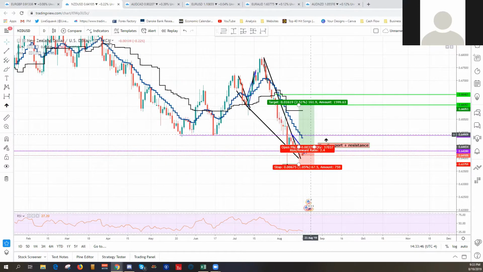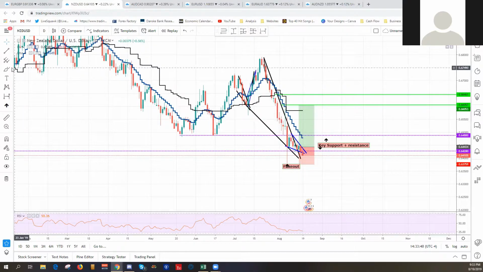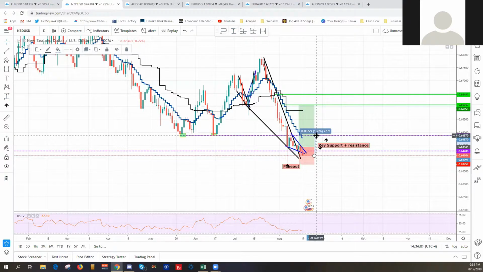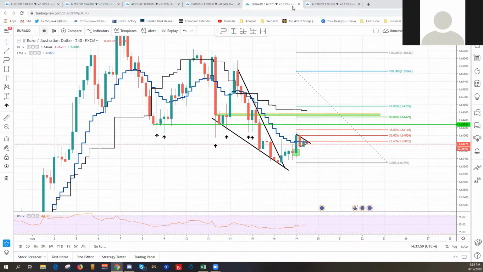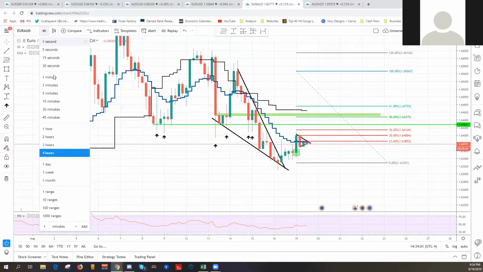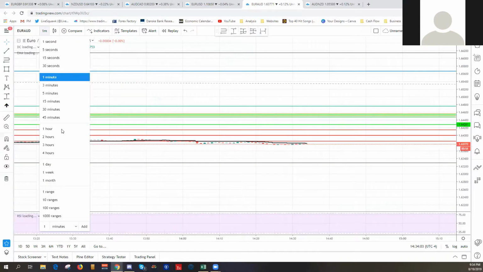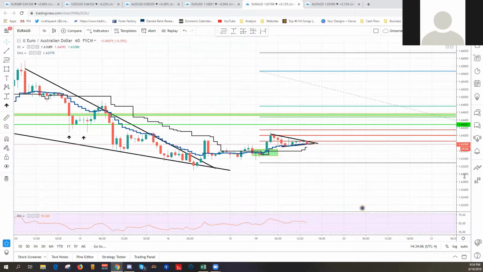The problem is we have this here. So clearly a nice little resistance there. It is far away, 77 pips away, not too bad. This one here should continue higher, based on what I showed you before with this little pattern.